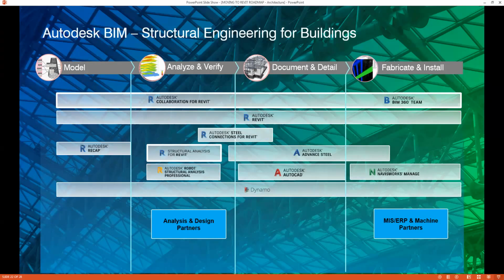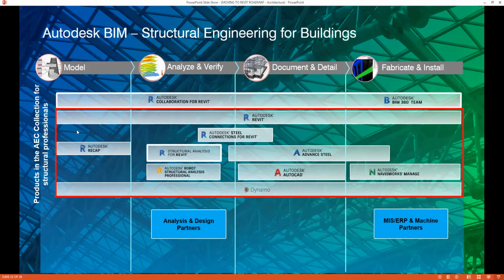It's now the structural engineer who will go in and start modeling their own components, their own columns, beams. You know, that stage, Revit and collaboration for Revit are very essential in these stages, right? Let me go to the next stage so I can show you the AEC collection here.